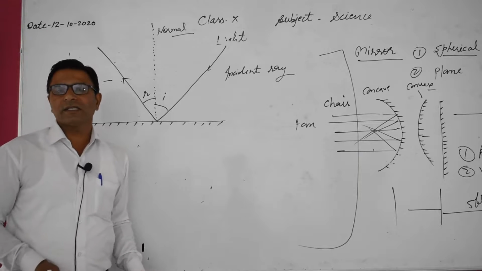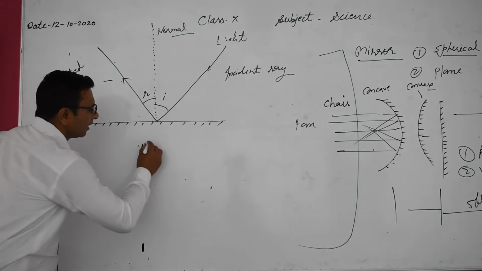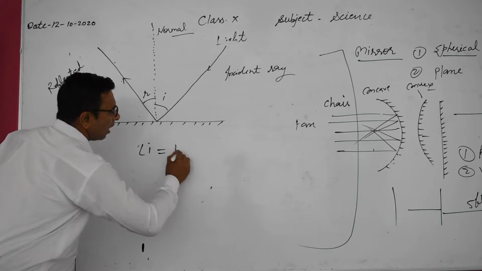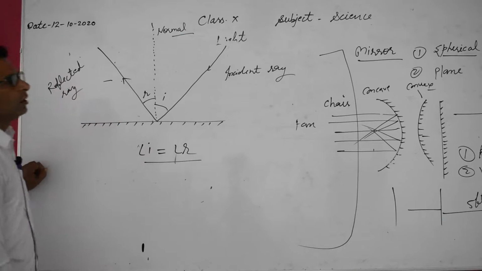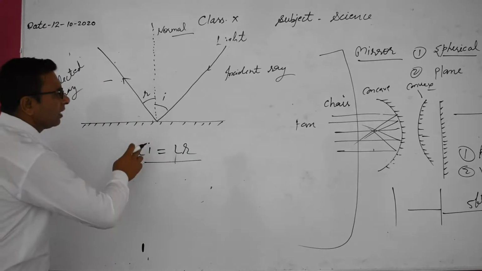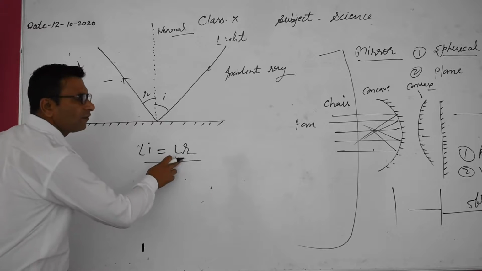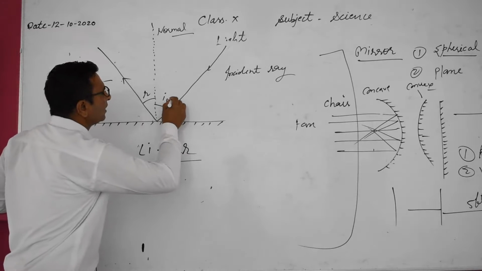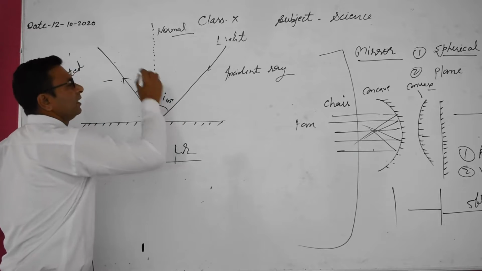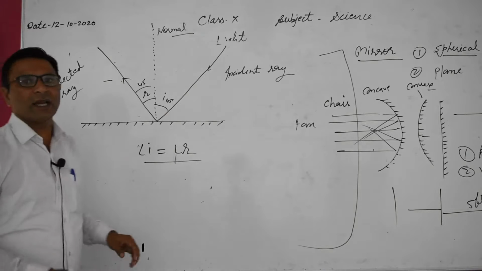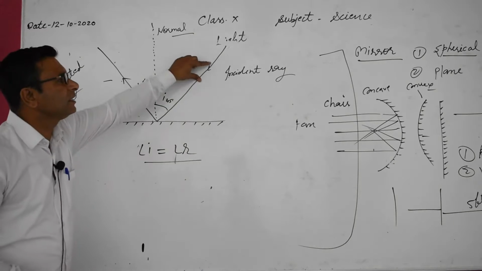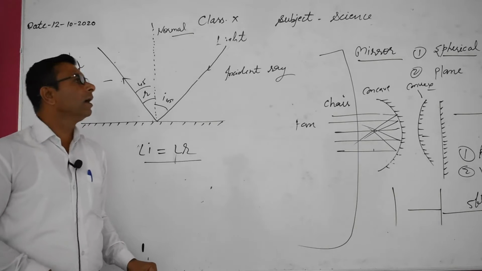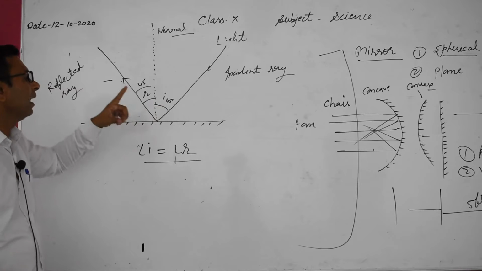And the second law is angle I is equal to angle R. So we can say the angle of incidence and angle of reflection are equal. It means if it is 45 degrees, the other will be 45 degrees. So there are two laws, and I am repeating them: the incident ray, reflected ray and normal lie in the same plane, and angle I and angle R are equal to each other.